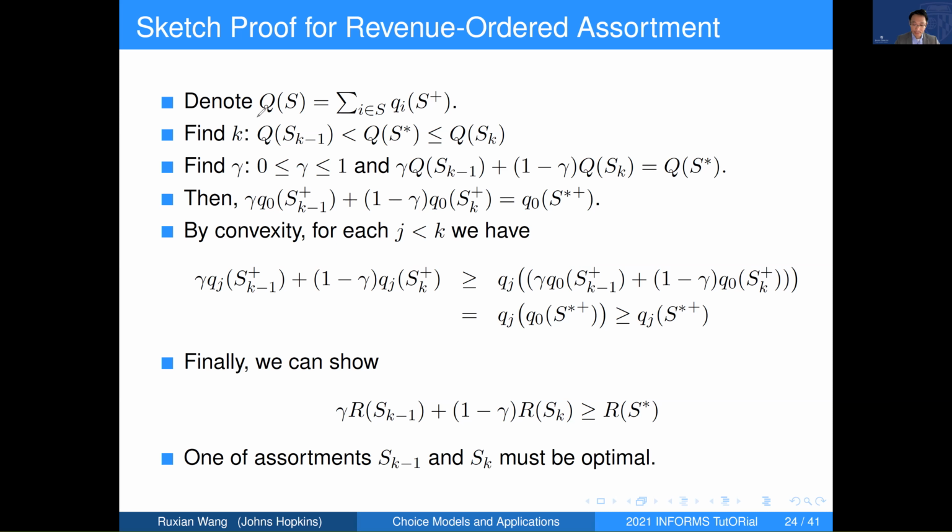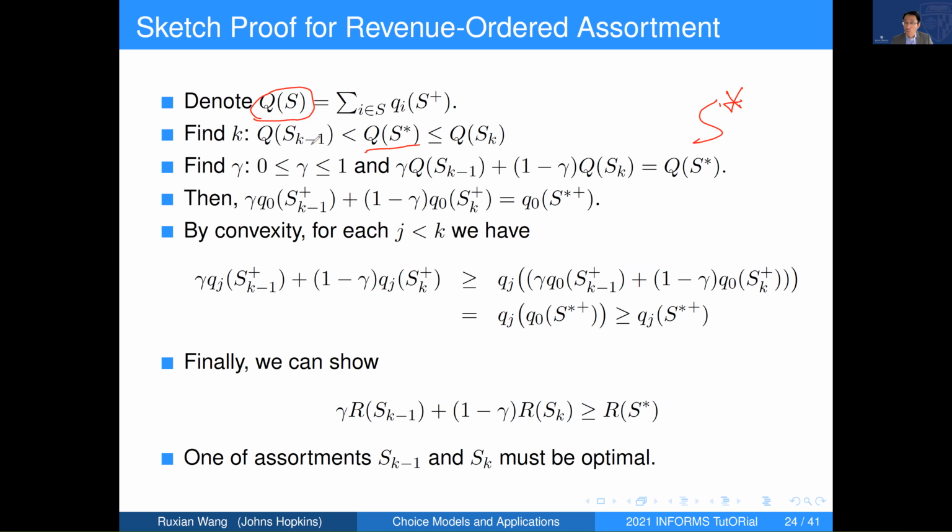We let Q(S) be the total choice probability for all products in offer set S. And we can always find a K such that the choice probability for all products in the optimal offer set S star is bounded, where S star is the optimal offer set.